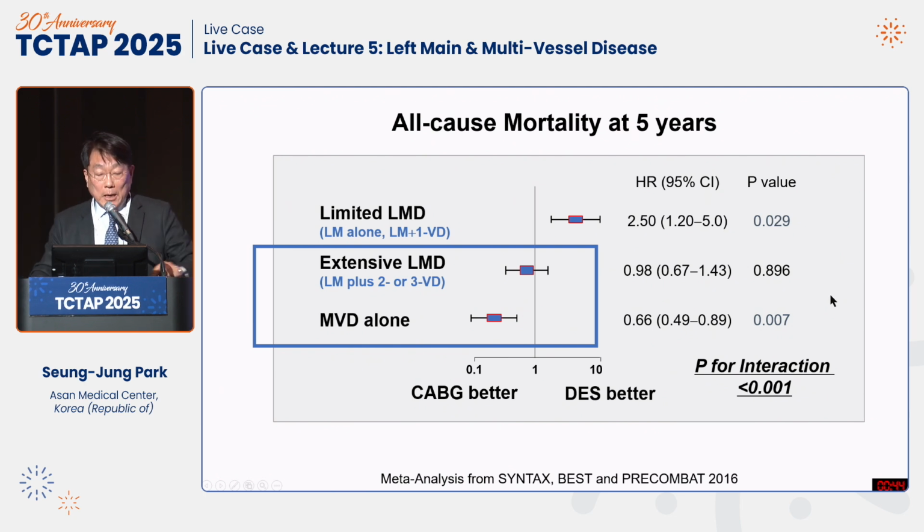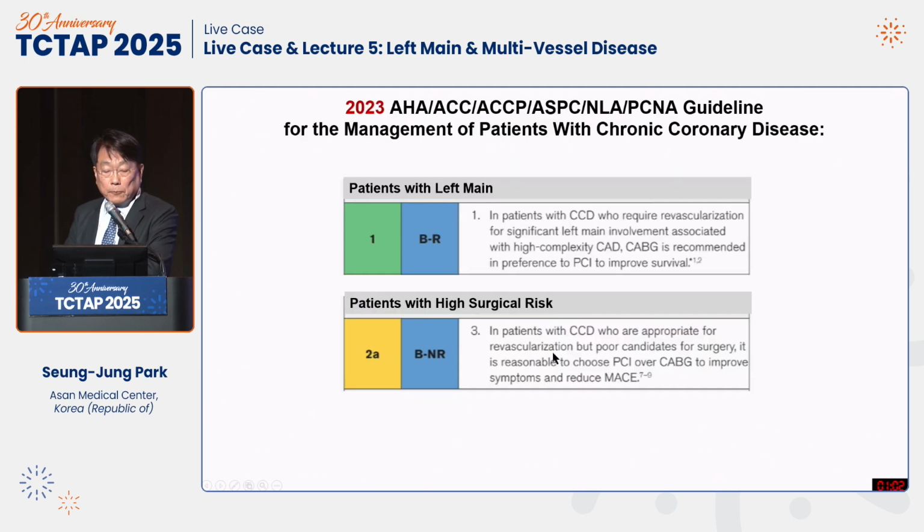All-cause mortality: left main only is better with PCI, ostial and shaft, and even in the single vessel, left main and LAD proximal disease is good. With extensive 2 or 3 vessel disease and multivessel disease involved, bypass surgery is definitely better. So I would say left main disease is a little bit different from multivessel disease.